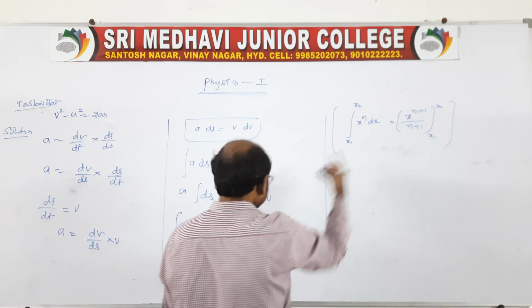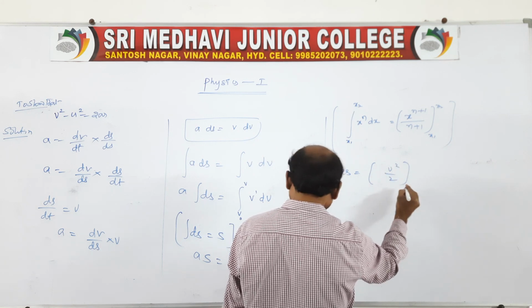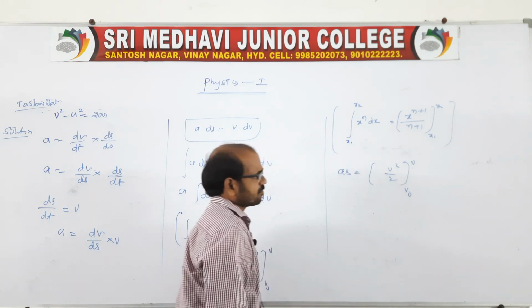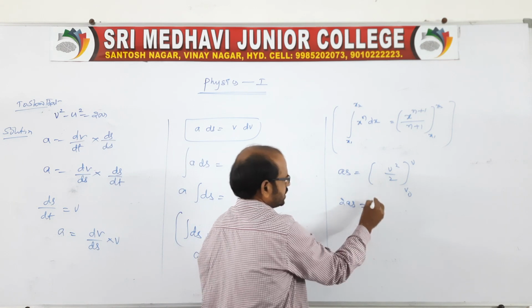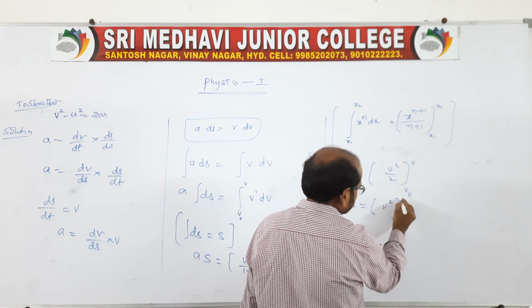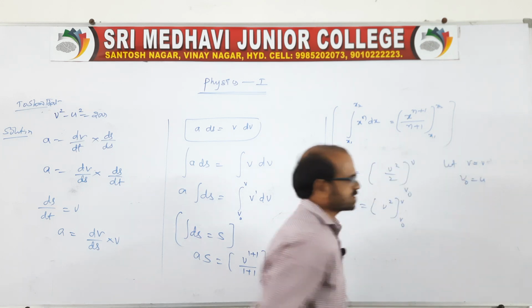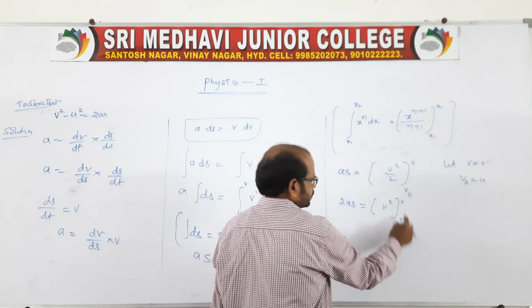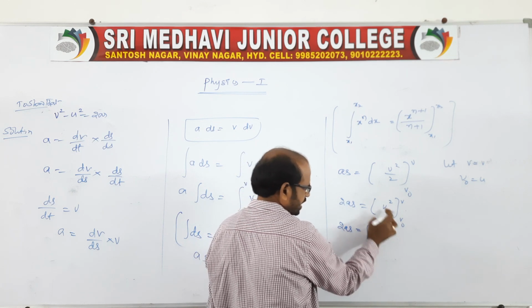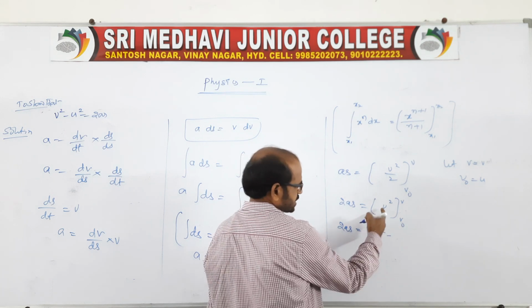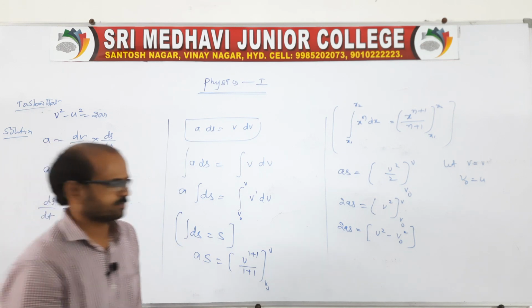So here, as is equal to v square by 2, from v0 to v, with the limits given. So taking the 2 across, 2as is equal to v square from v0 to v. Here v is the final velocity and v0 is the initial velocity. Now you substitute these: 2as is equal to the upper limit v square, then minus, compulsorily, the lower limit.